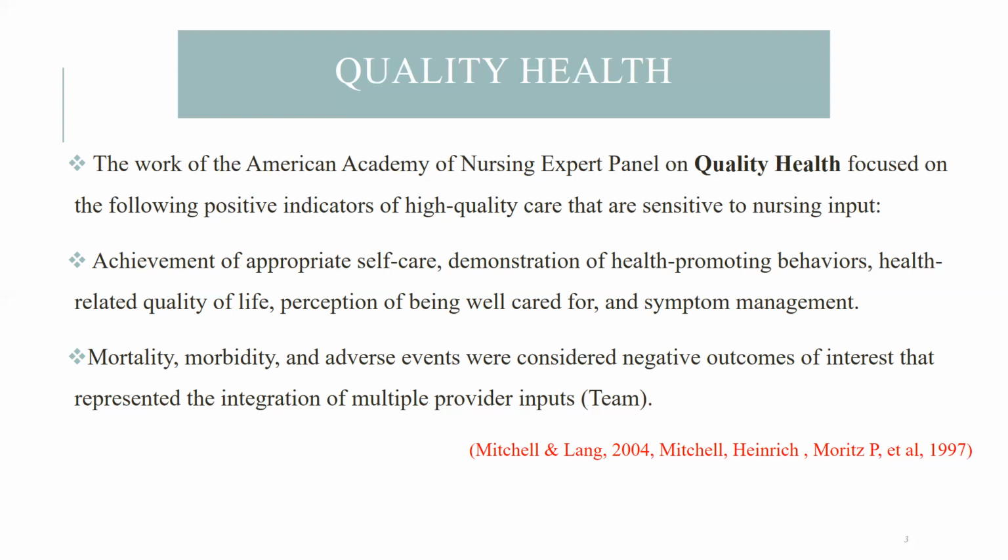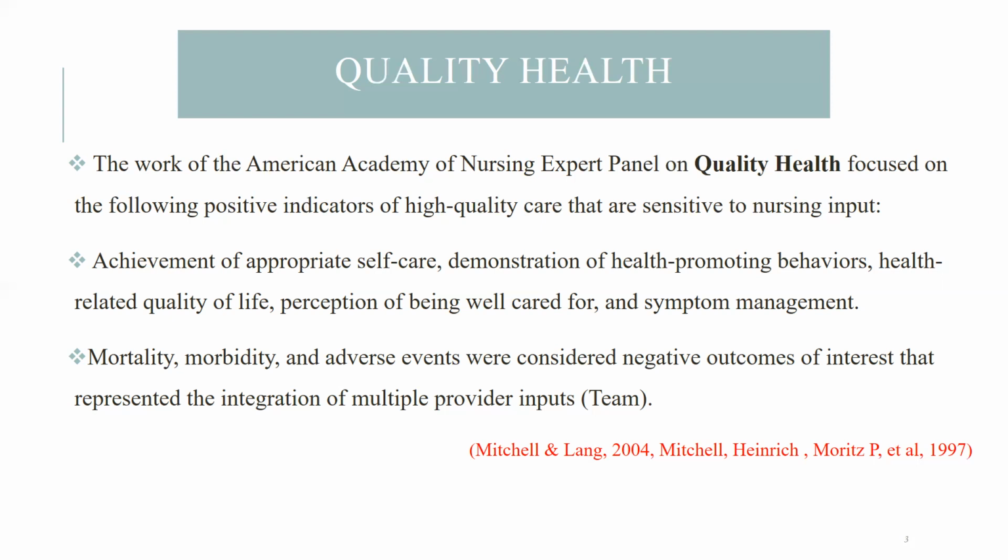Then we consider that the facilities of the hospital are providing quality care. Another aspect of quality, as I have mentioned, is the indicators, like those we measure in the unit or hospital audits.